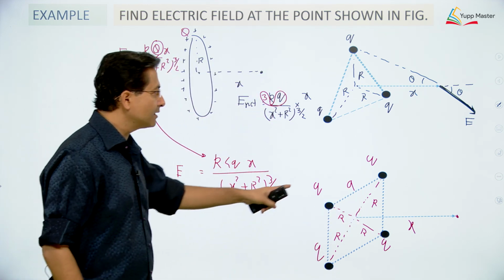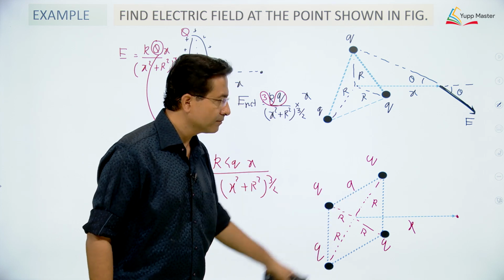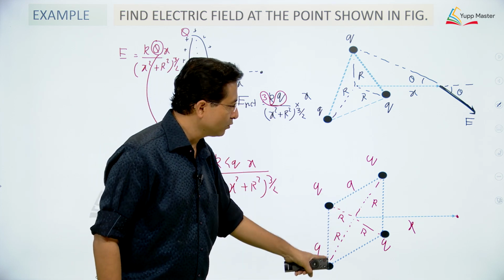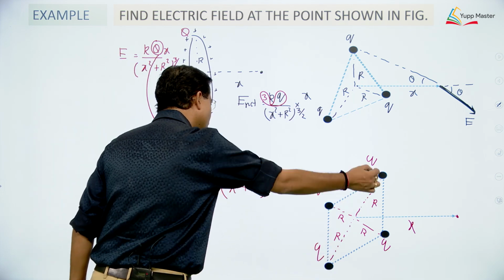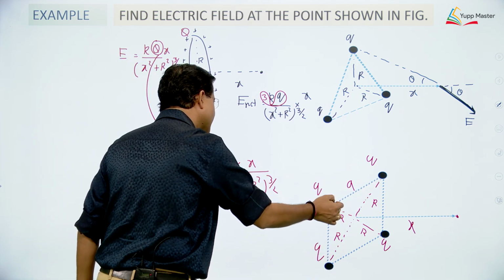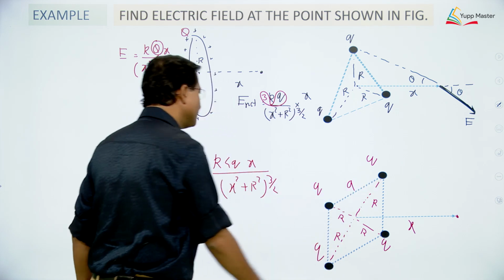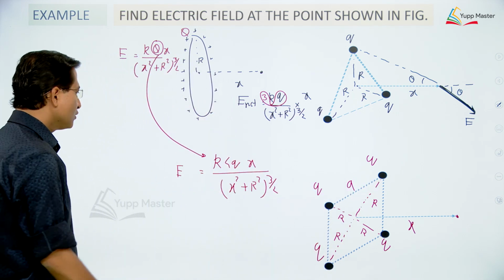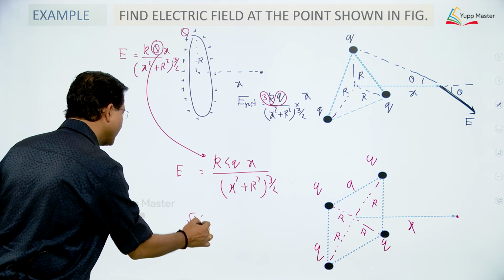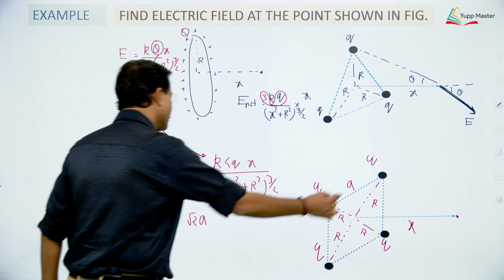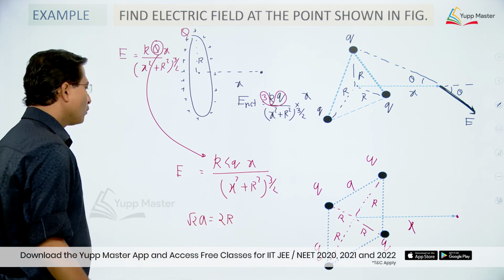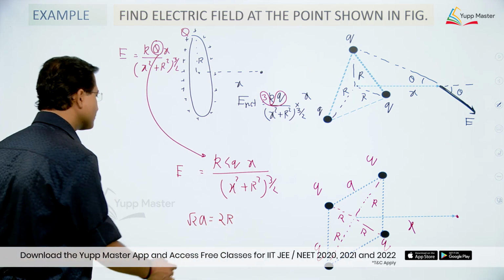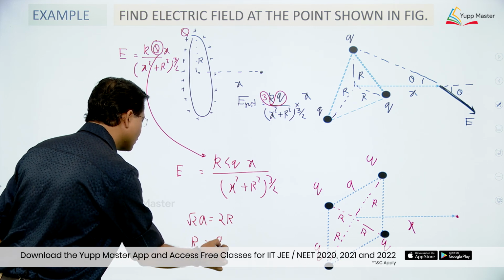So, you can establish the relation between a and r. This total is 2r, that 2r is equal to, this one is a, this one is a, this has to be root 2 a. So, I can write root 2 a is equal to 2r. What is the value of r in terms of a? r is equal to a by root 2.